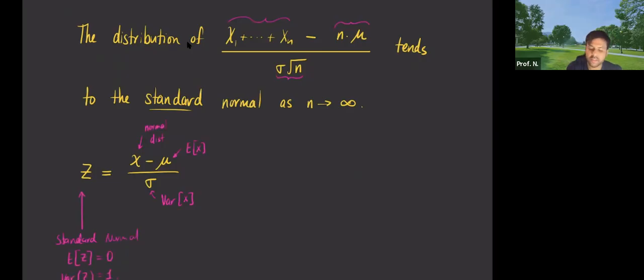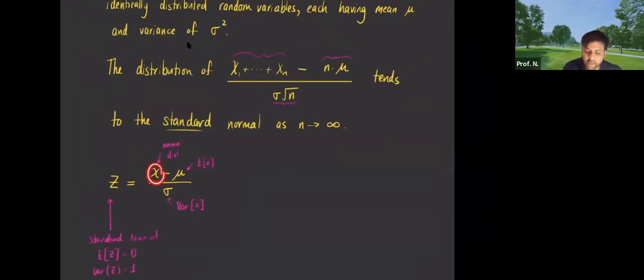The idea now is that we don't have just one random variable, we have a sum of them. If we take the expected value of a sum of independent and identically distributed random variables, sigma is the standard deviation.